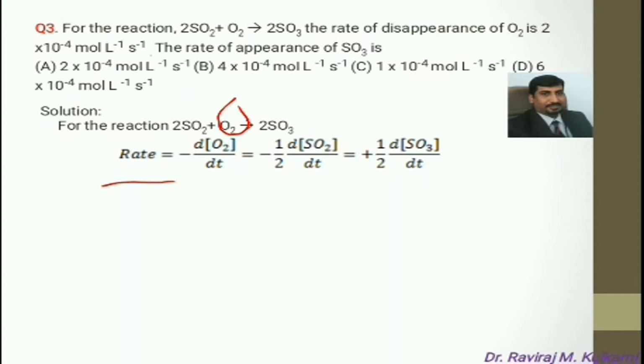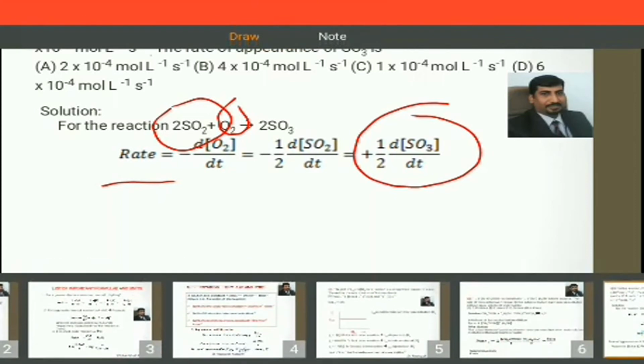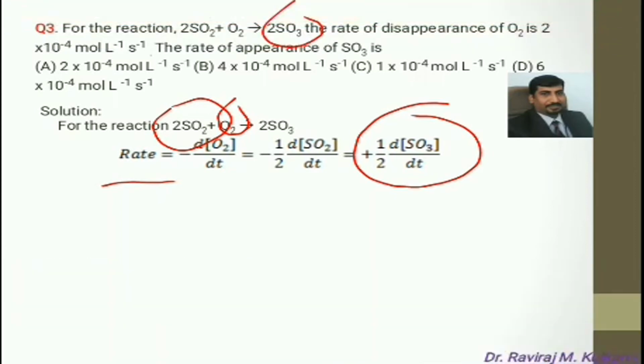Minus dO2 by dt is equal to SO2, this also disappears, right? That is minus 1 by 2 dSO2 by dt, since the molecularity is 2. That is equal to plus 1 by 2, since 2SO3 is forming here, plus 1 by 2 dSO3 by dt.